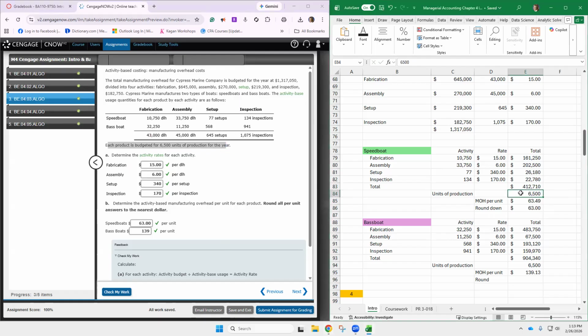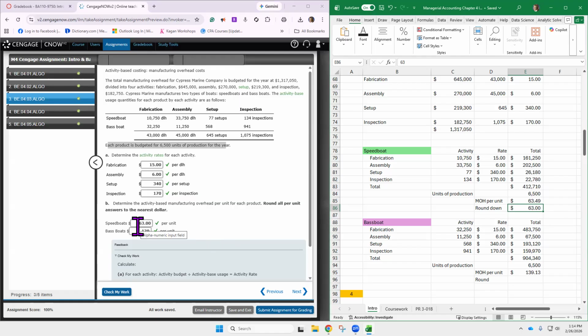So then you divide this total here by the number of units. This equals the total cost that we figured out with these activities and these rates, and then you divide that total by the number you are producing. I got 63.49, but they want it rounded to the nearest dollar. So $63 is the answer for the speedboat.